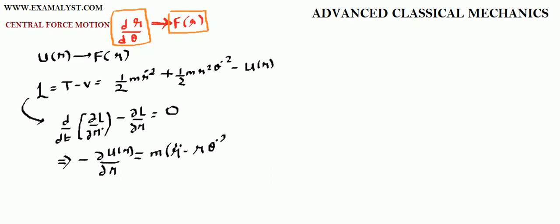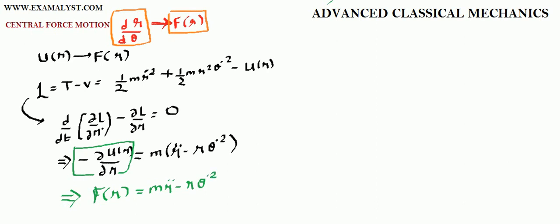Now you will say that, hey, the Lagrangian equation of motion usually gave us force. I don't see any force here. Yes, there is force. Let me tell you where the force is. You know that the negative of the rate of change of potential with distance is actually force. So this equation can be written as the central force is equal to m times r double dot minus r theta dot square.